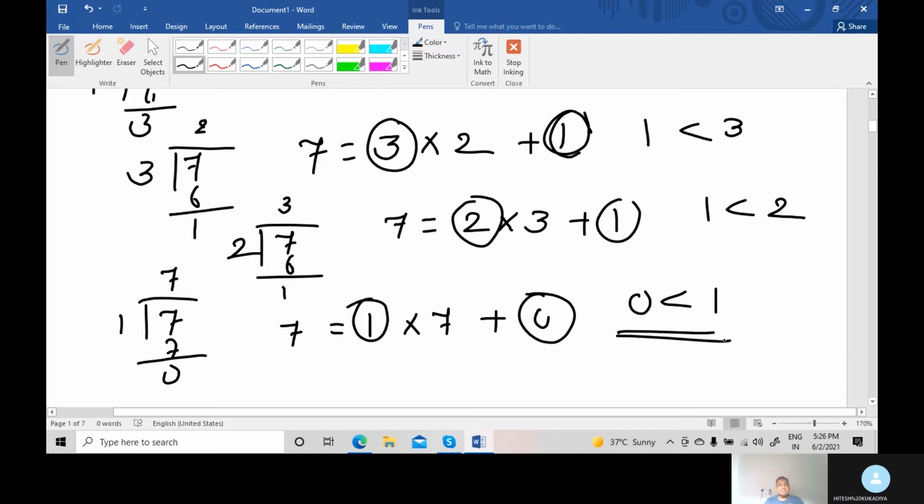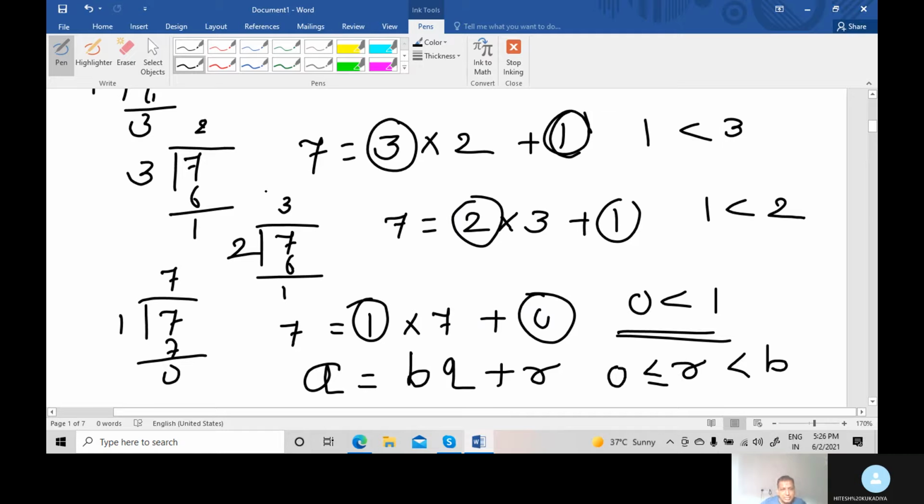So Euclid's division algorithm, otherwise Euclid's division lemma, the concept is A equal to BQ plus R, where the remainder is always smaller than divisor. But what is the minimum value? The minimum value of remainder is 0.